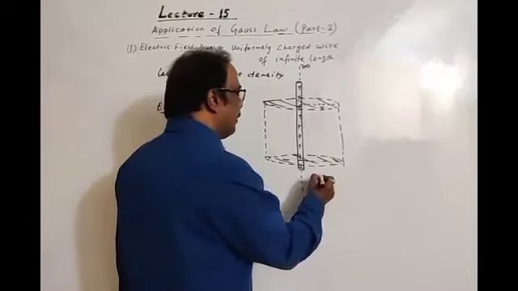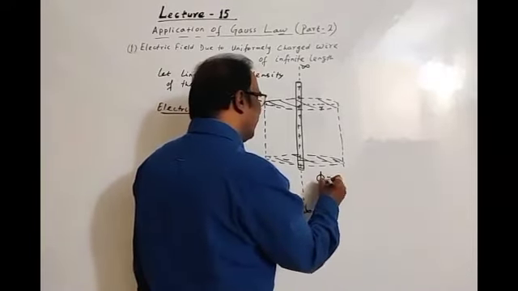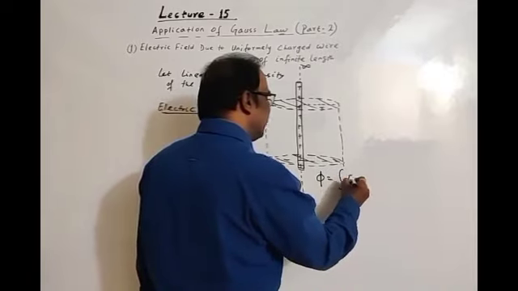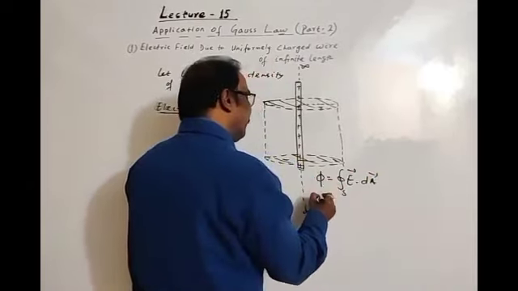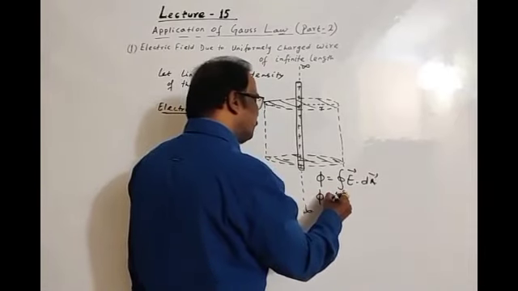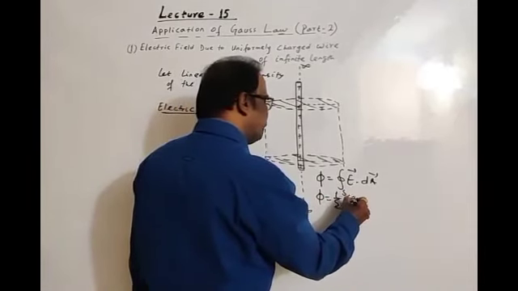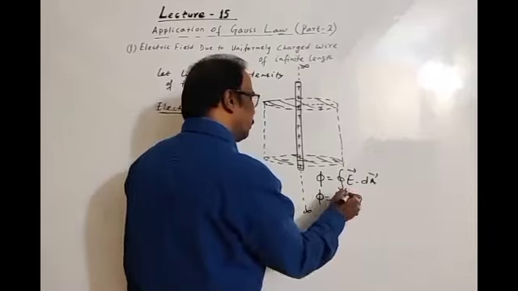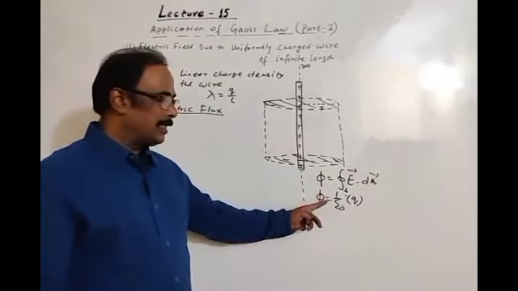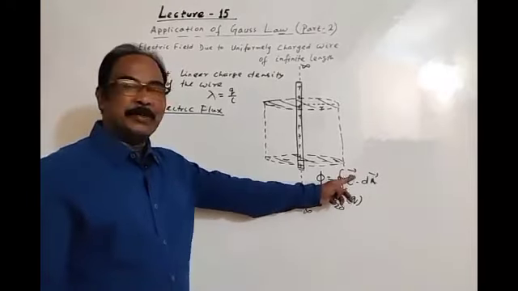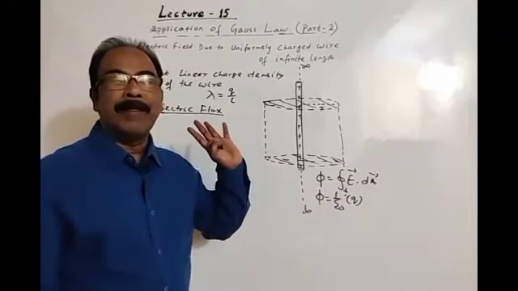Then apply the general formula for electric flux, the surface integral of E dot dA. Then we use Gauss law, that is, 1 by epsilon naught times the charge enclosed. Equating these two equations, we can find the electric field.